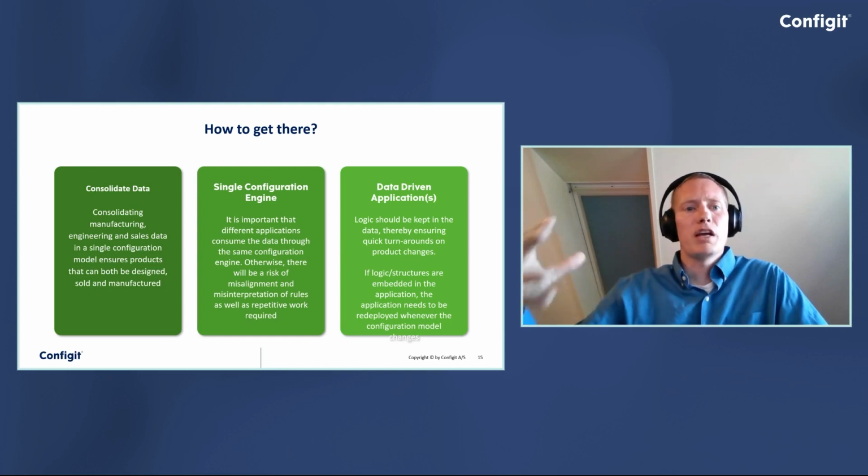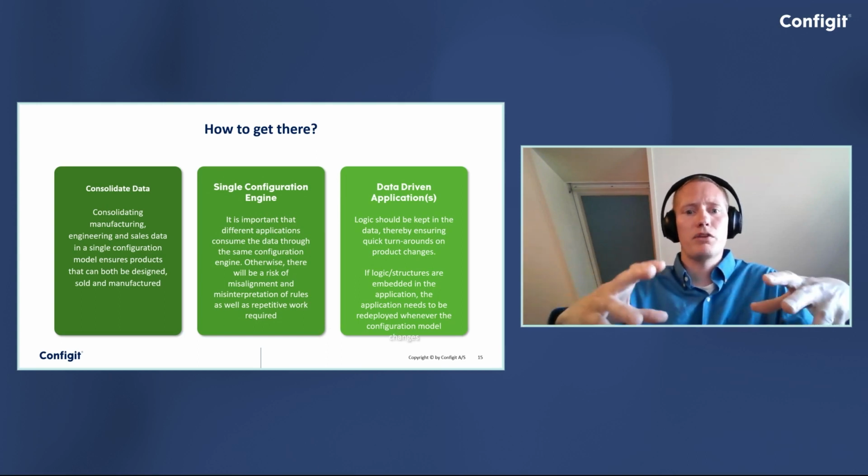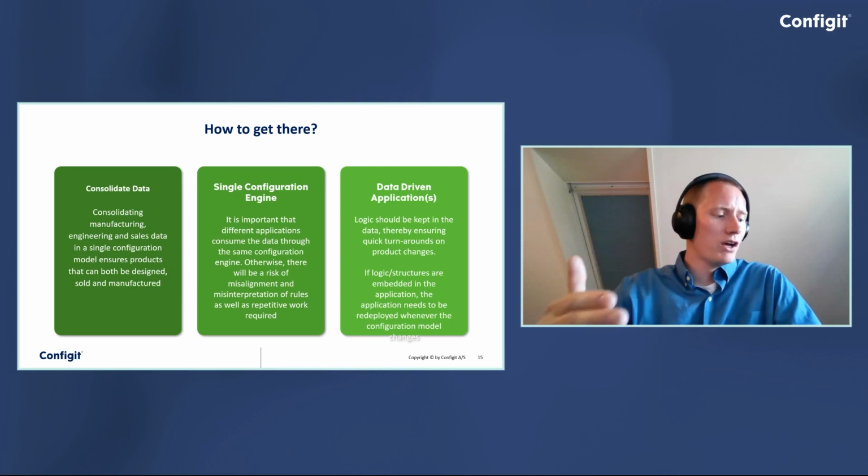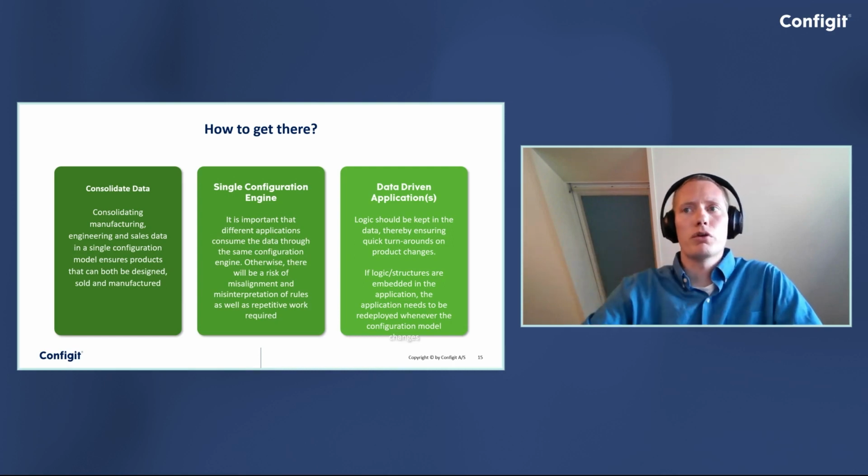And then finally, whenever you build your applications, make sure that it is a data-driven application. The logic should be kept in the data that you're working with. Thereby, you will be ensured fast turnarounds on your product changes. You can remove options from your product structures and from your product portfolio directly without needing to do deployments of your applications or to deploy additional things to your system.